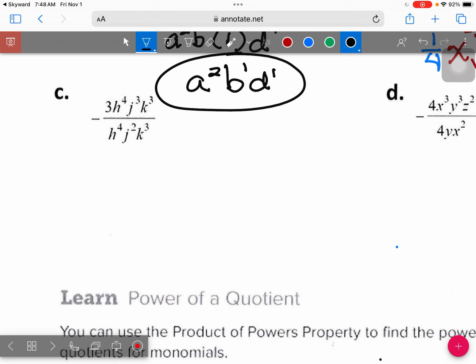All right, here we go. So this is negative. That -1, okay? I'm going to put that -1 out front. I have a 3 to the 1st power. So I'm going to put the 3 there. There's nothing on the bottom. I have h to the 4th divided by h to the 4th.